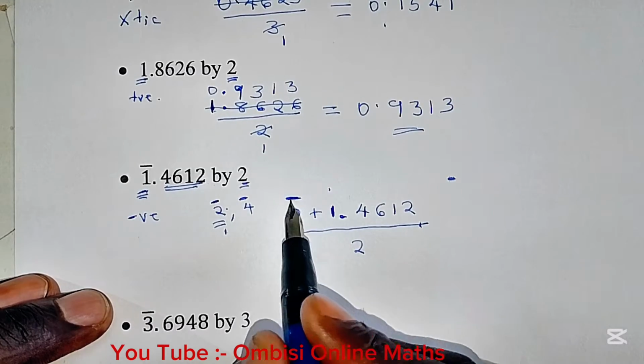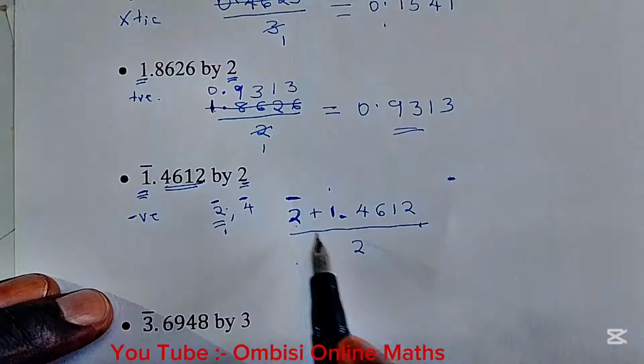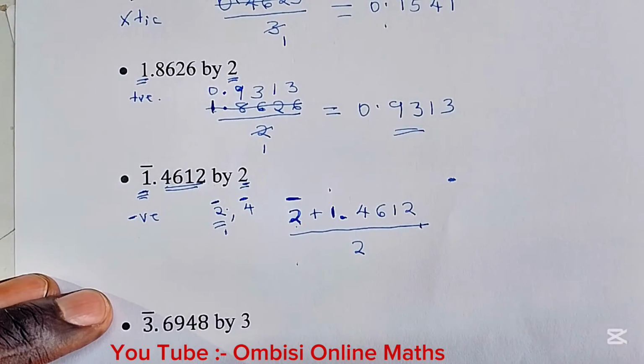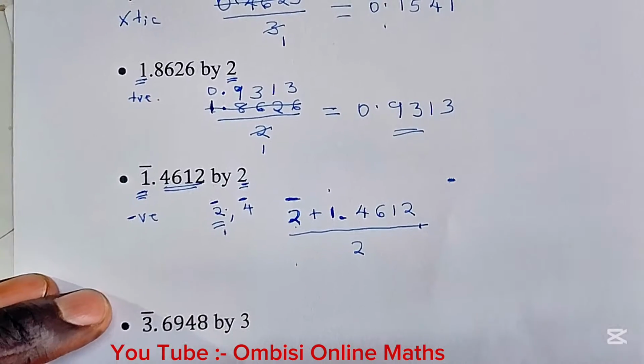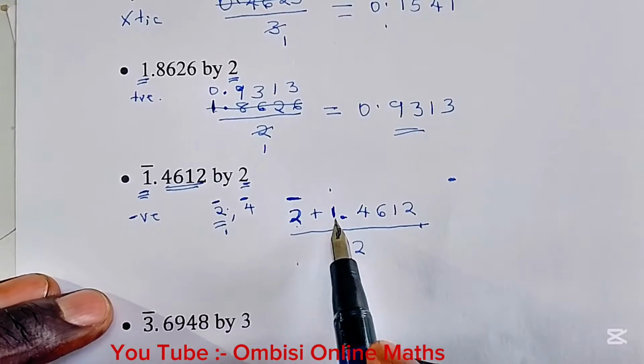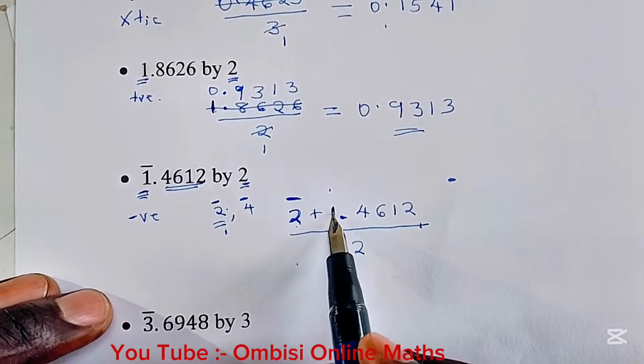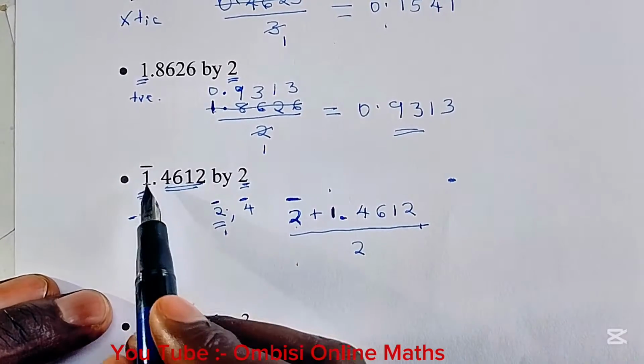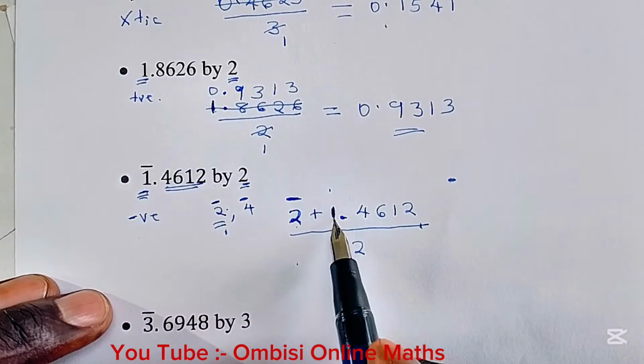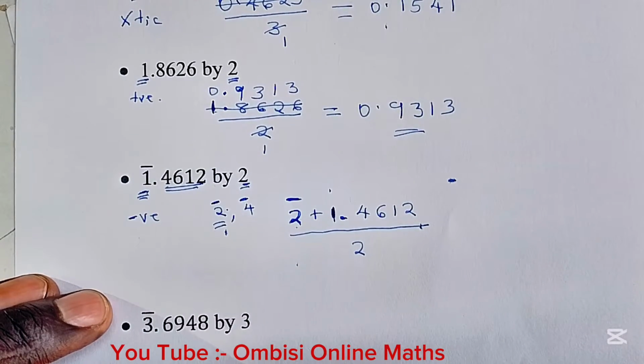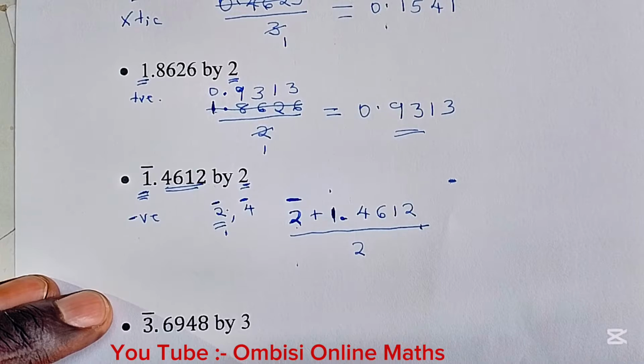So its multiple is bar 2. So bar 2 is divisible by 2. So if it is divisible by 2, then what can you add to it so that you get bar 1? And you find that you can only add there 1. So at this particular stage, you can now divide comfortably.